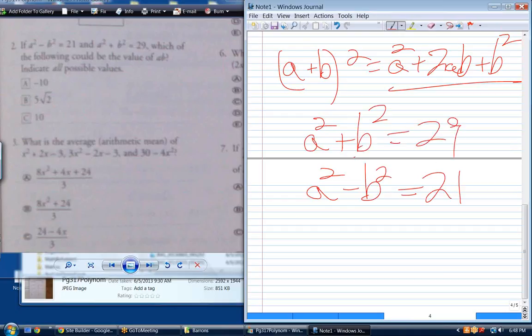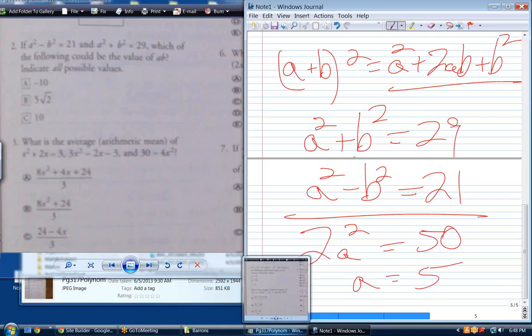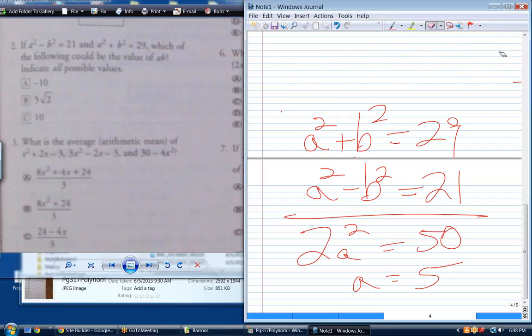Let's add these two equations. What do we get? 2a squared equals 50, a squared is 25, a equals 5. This was not the way to go. That would have gotten me nowhere, I don't think. The way to go is to definitely deal with it as two equations and two unknowns.